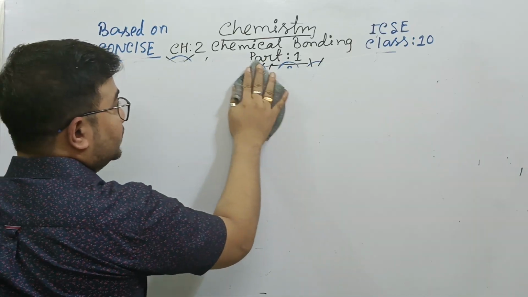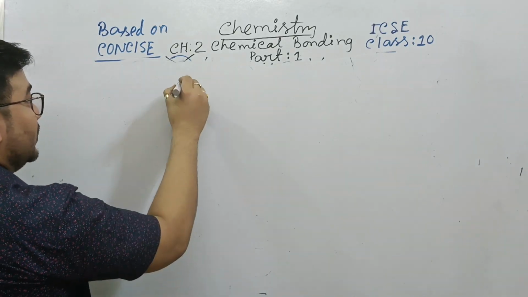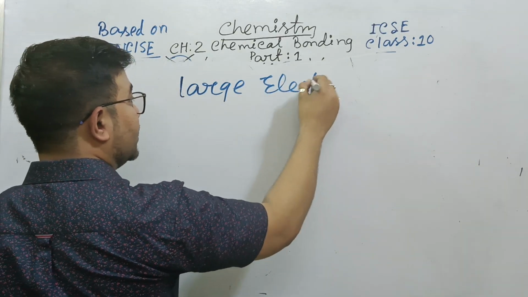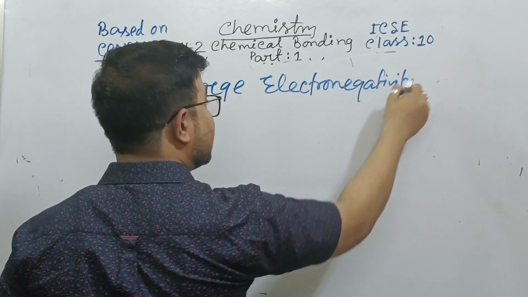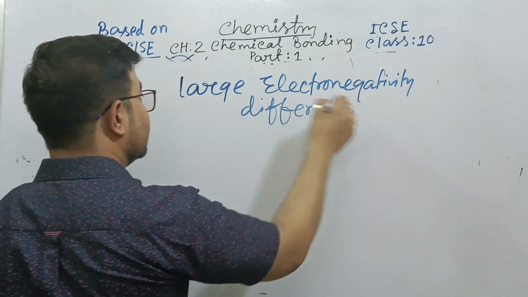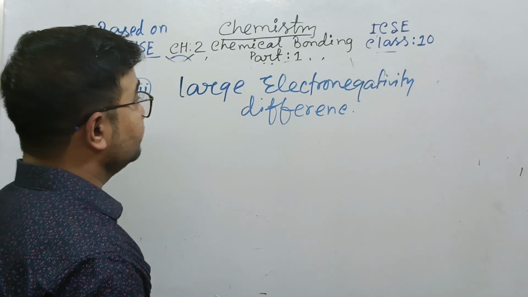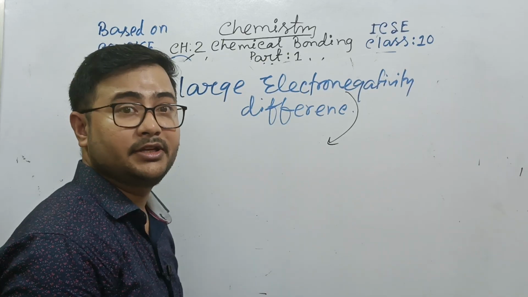Okay, third and last condition: large electronegativity difference. This is the third point. In the previous chapter I discussed electronegativity. What is electronegativity?